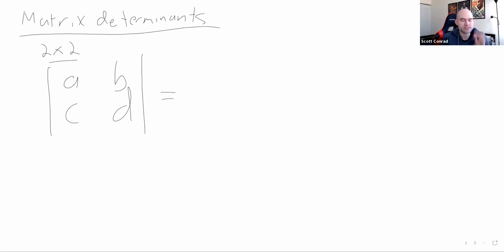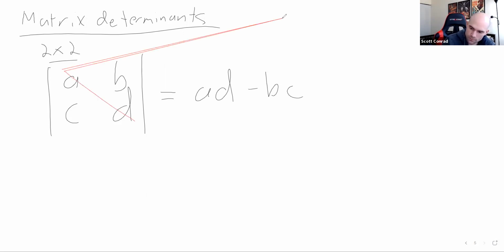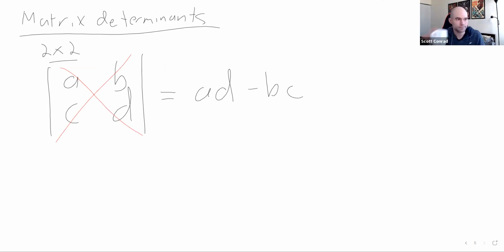For a 2 by 2 matrix, you multiply the diagonals together: A times D, B times C, and then you subtract them. The main diagonal, the one starting with the very first entry, is the positive guy, so AD minus BC. You multiply the diagonals, the main diagonal is positive, and then you subtract the off diagonal.